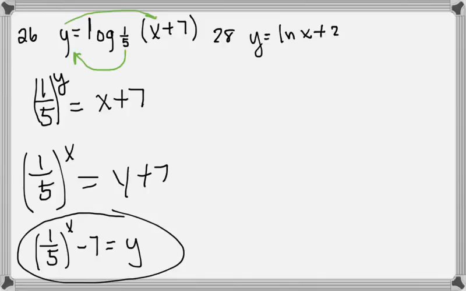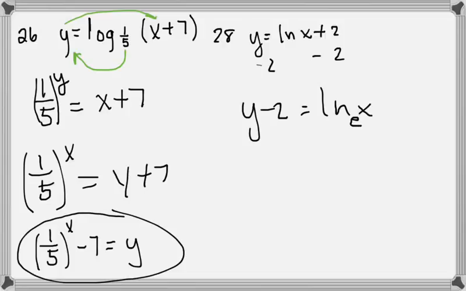That's a good question. Look at the equation. Is the 2 a part of the log or is it outside of the log? It's outside the log. The goal is to get the log isolated, so you put the 2 on the other side. Is that a base of e? Yes. So y minus 2 equals the natural log of x.